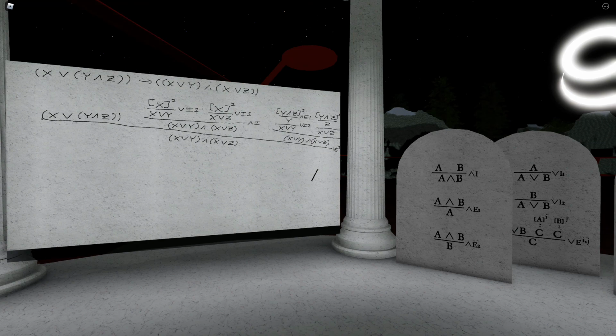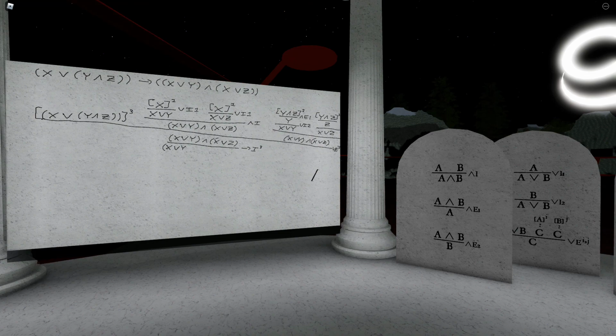But if I want this to be a standalone proof of the formula at the top of the board that doesn't rely on any assumptions, at this point I can discharge the usage of this assumption to gain the final formula, which I'll write out. And keep writing y instead of or.